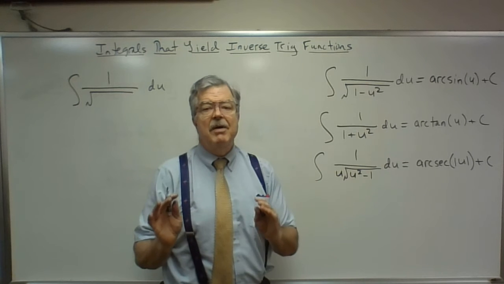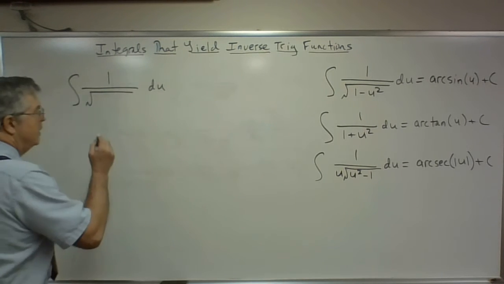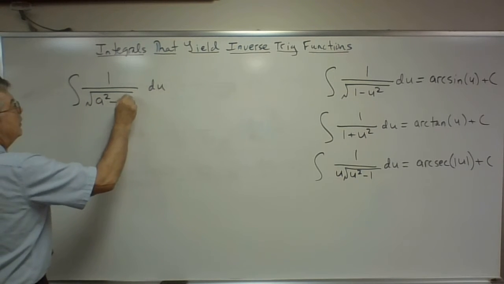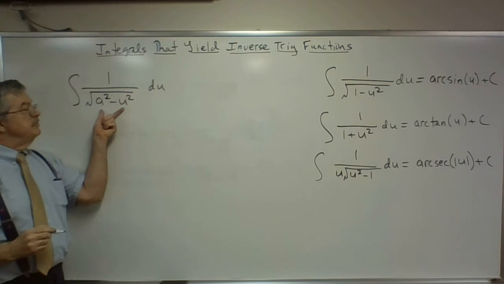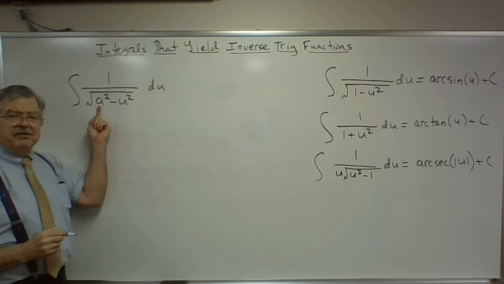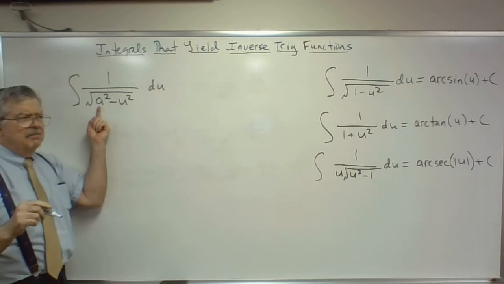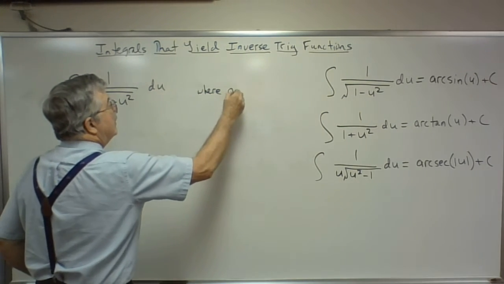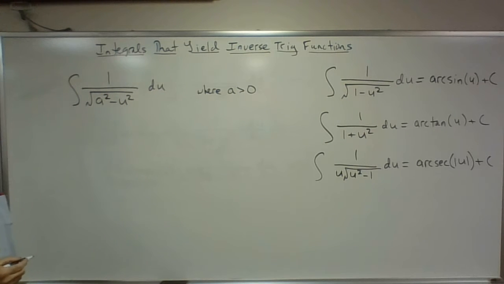Maybe it's some other positive number. So this formula, we're going to generalize it so that the first term under the radical isn't necessarily 1. It's just some positive number. And we'll stipulate that a is greater than 0.